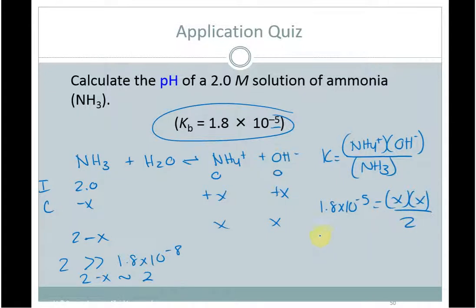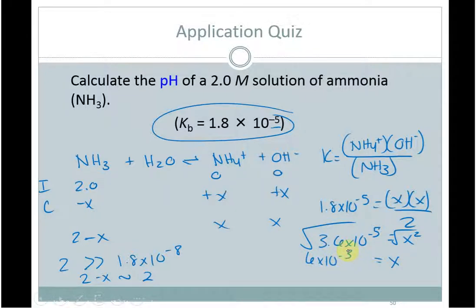Gives us 3.6 times 10 to the minus 5 is equal to x squared. Square root of both sides. Our x value is going to be 6 times 10 to the minus 3.